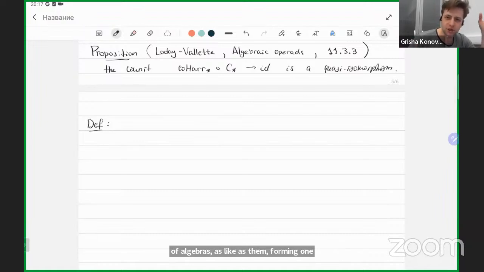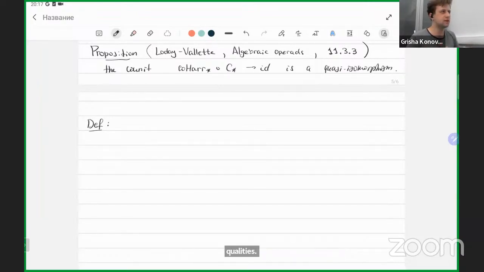But now we want to pass to certain localizations, and it turns out that you have to do it in a clever way. You can't just invert all the quasi-isomorphisms between coalgebras, because it will result in a tremendous loss of information.